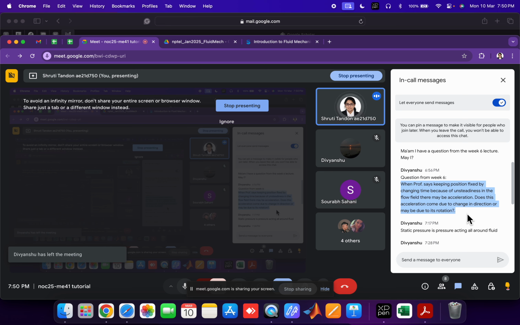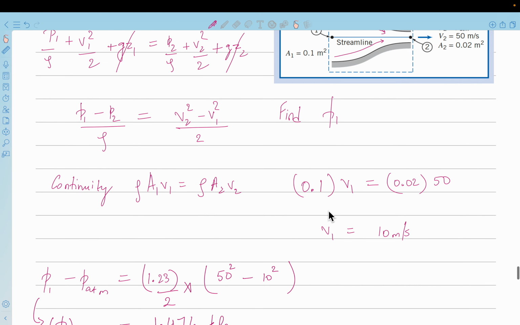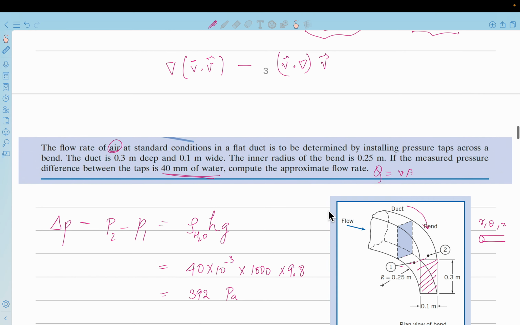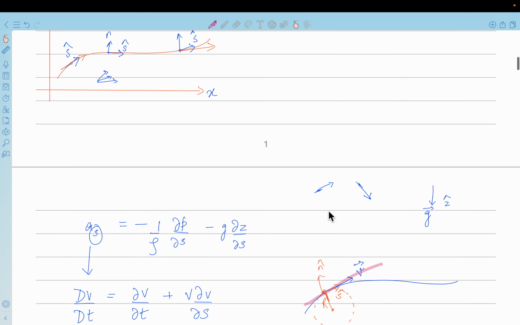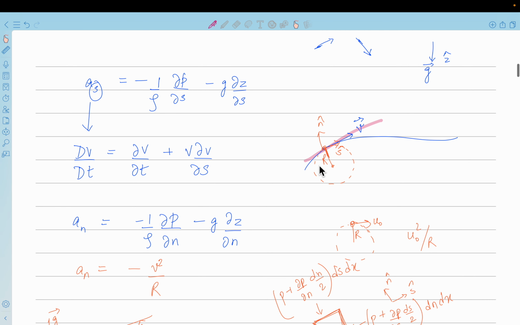See, I think this is related to what we discussed. Let me go back to that derivation here. Here the acceleration is not due to the change in position. There are two ways you can get acceleration.